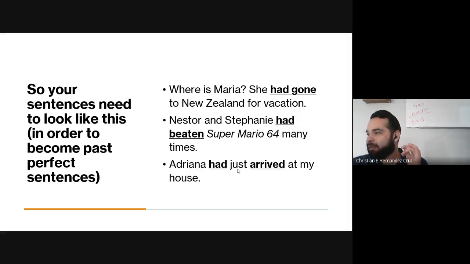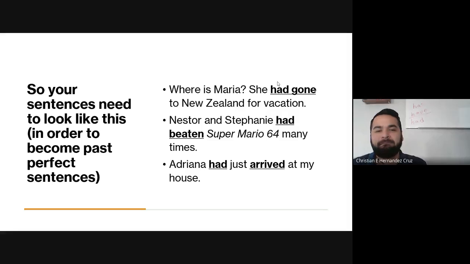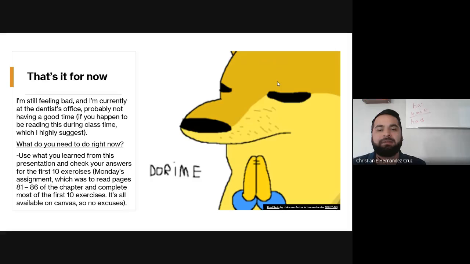Really, the perfect tense is, I think, pretty simple, as long as you always remember that the verb goes in its past participle form, and you know when to use either has or have, or in this case had for the past perfect, sorry. All you need to do is just change that one word and you're golden.